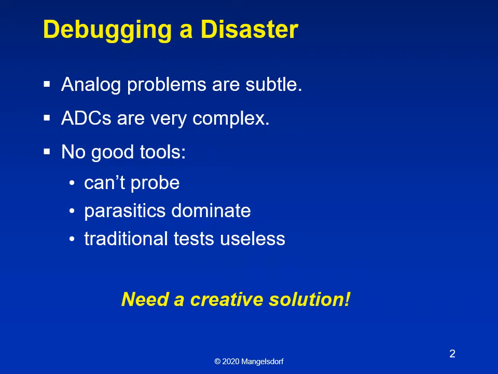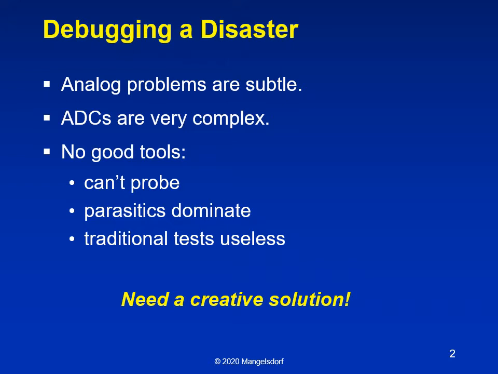The analog problems are particularly troublesome because we can no longer probe the way we used to do with the older technologies. And the performance of the circuits is dominated by parasitics, which don't appear in the original schematics and have to be extracted from the layout. Now, these extractions are notoriously tricky, and so you're often getting the wrong answer, or you don't get the answer that you really need.